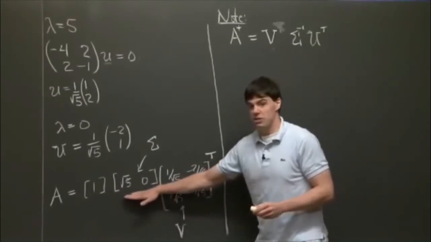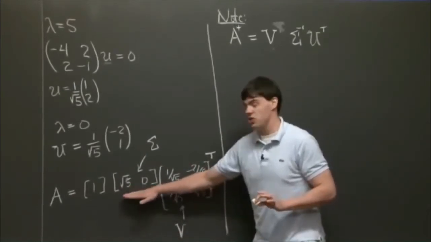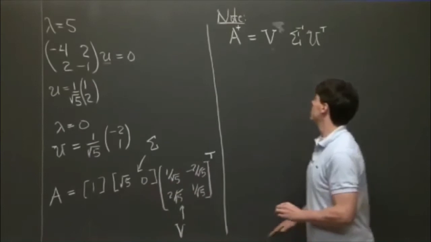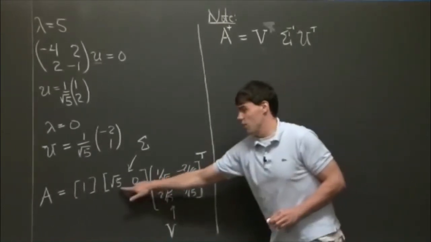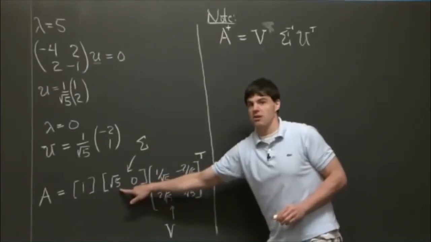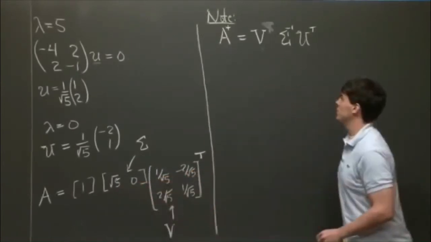So we have to construct a pseudo-inverse for sigma. The way that we do that is we take 1 over each singular value, and we take the transpose of sigma.